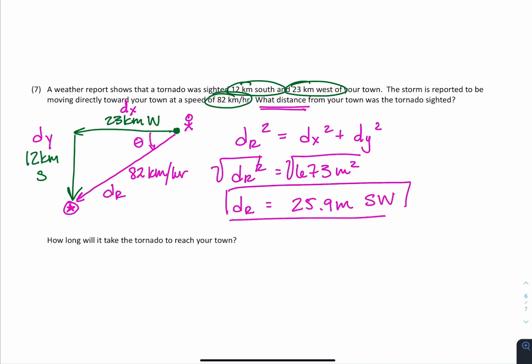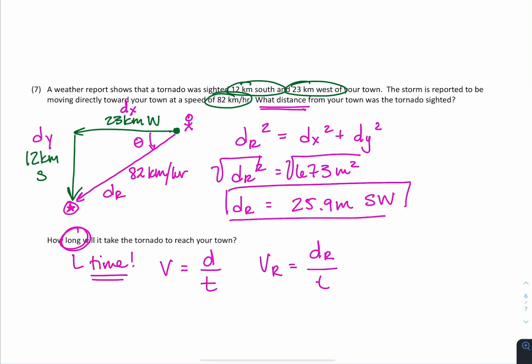Now, how long? Okay, so this is interesting. This is all about time. We know that velocity equals distance divided by time. In this case, the velocity of the resultant equals the distance of the resultant divided by time. Please note how I put those R's in there.